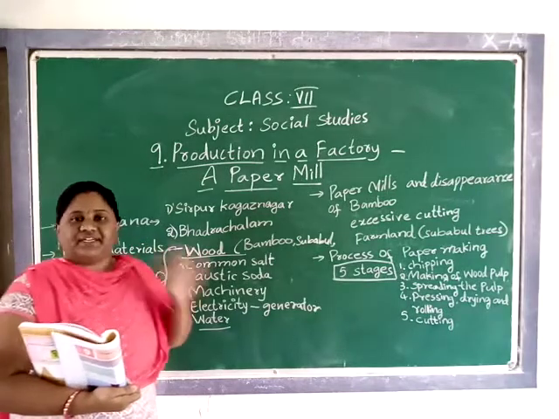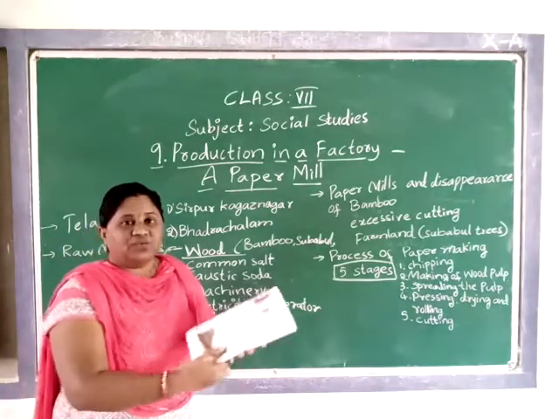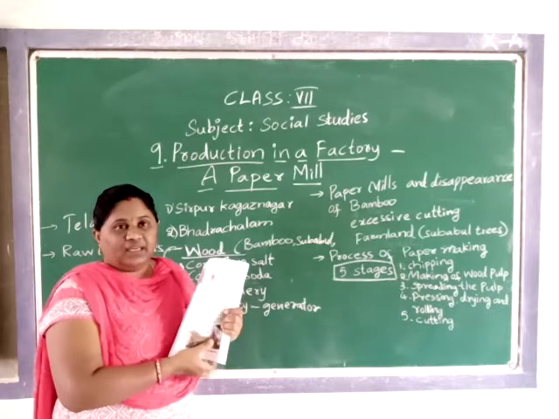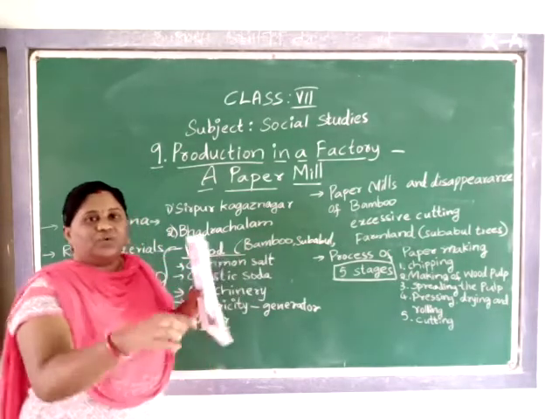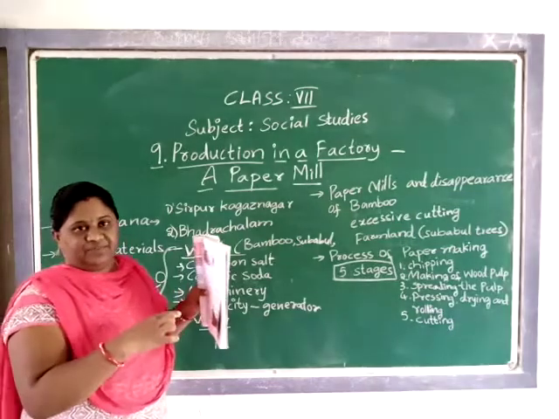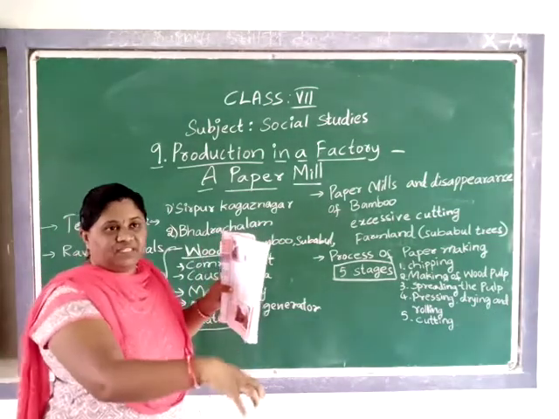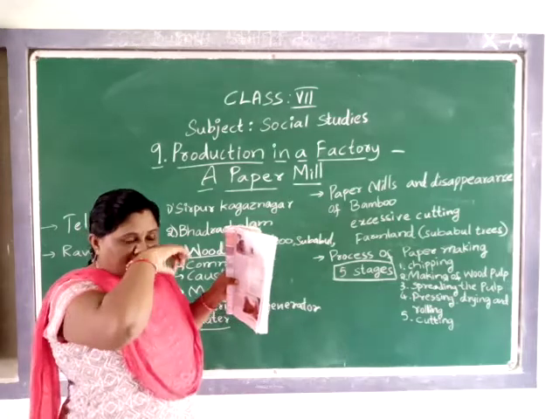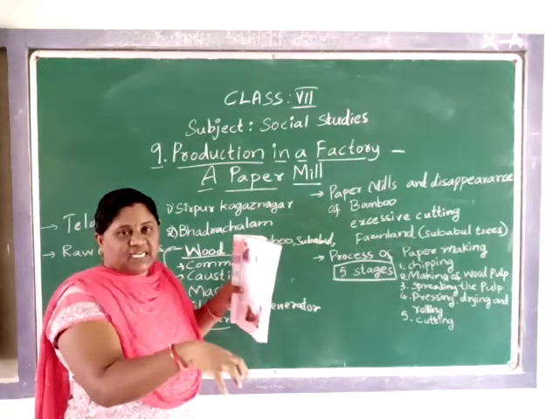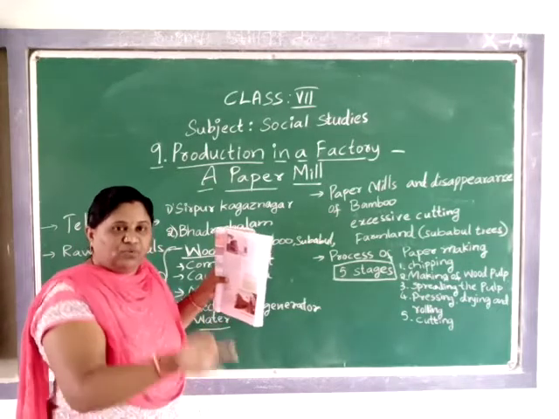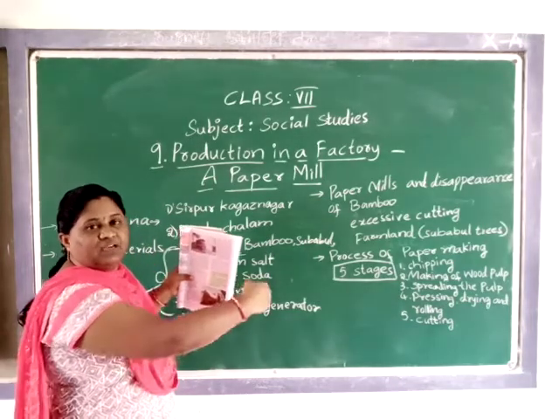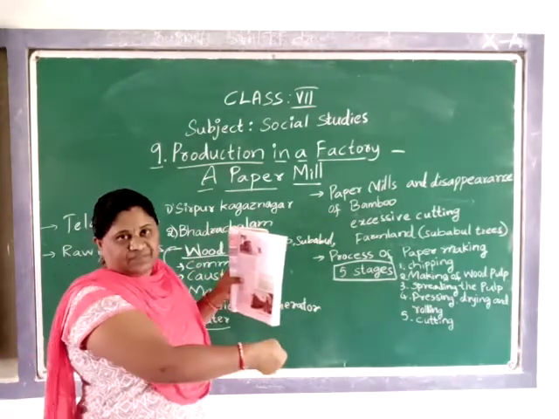After reaching the factory, by using a crane, the bamboo sticks are loaded inside. The crane lifts a bulky amount of bamboo sticks and keeps it on an iron rod, and the conveyor belt moves it to the machinery process.